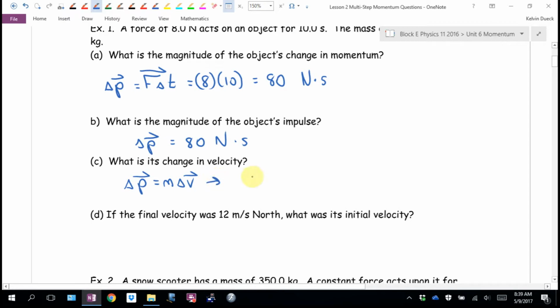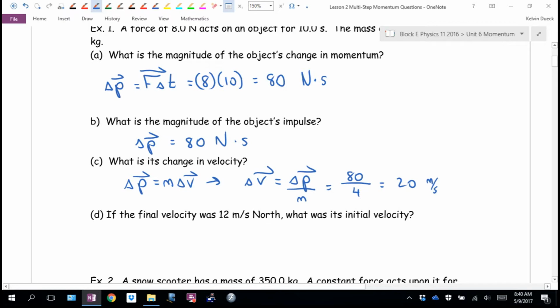So the change in velocity is going to be the impulse divided by the mass, which is going to be 80 divided by, well, I've scrolled down. What was the mass? 4? In your heads, folks, 80 divided by 4. 20 meters per second. That's the change in velocity.